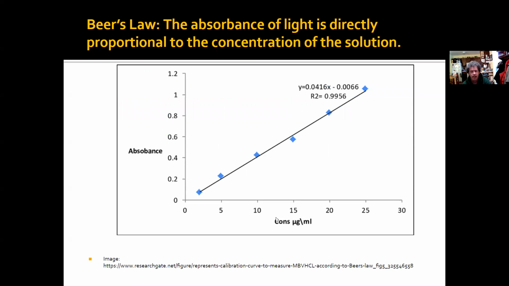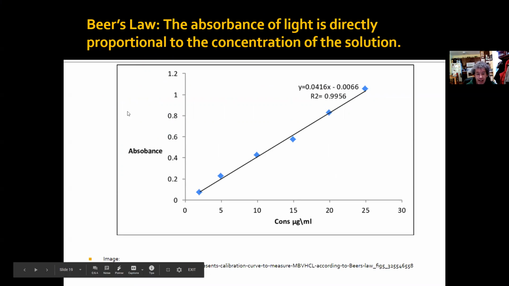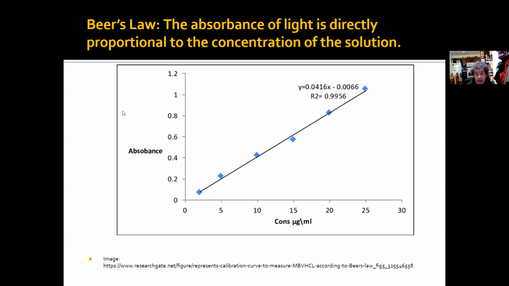But what I wanted to get at was that if you have a light, you can basically pass it through a sample of substance. And the more solute that is in that substance, the more the light will be absorbed by that solute, which means that there's a direct relationship between the absorption or absorbance of light and the concentration of a solution.